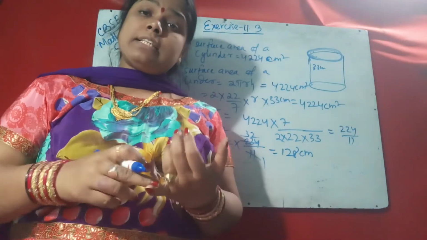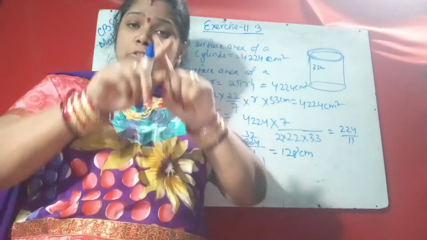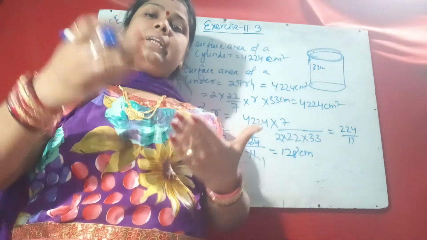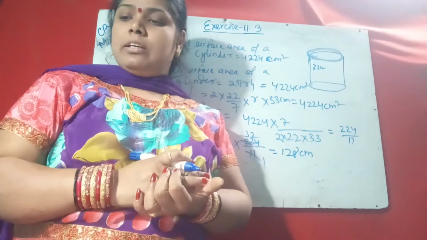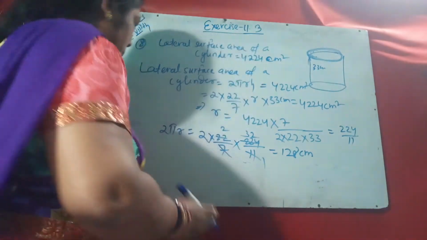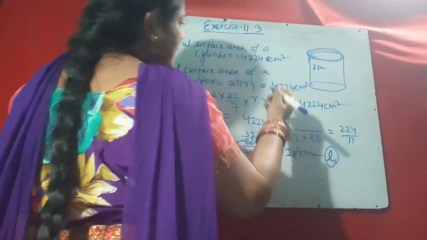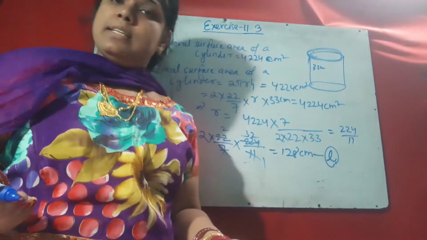Again it asks what is the perimeter of the rectangular sheet. When you cut the hollow cylinder you get a rectangle, and you find the perimeter of the rectangle. Simply, perimeter of the rectangle is 2 into length plus breadth. The breadth is given as 33 centimeter.